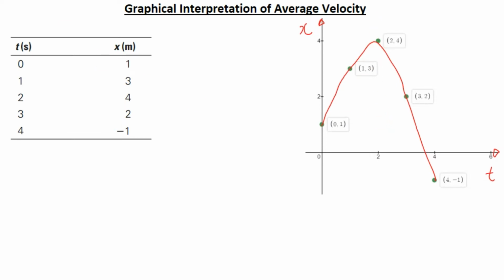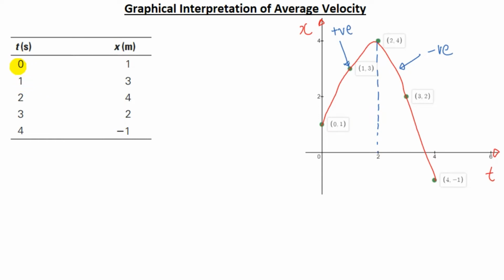Now we can divide the particle's motion into two parts like this. In the first part we see that the particle moves in the positive direction, and in the second part the particle moves in the negative direction, which you can see from this table also.